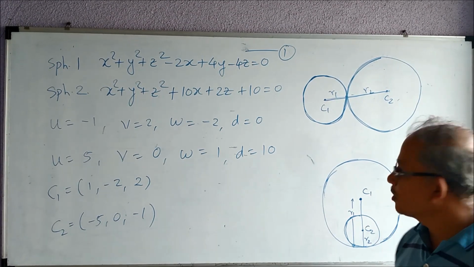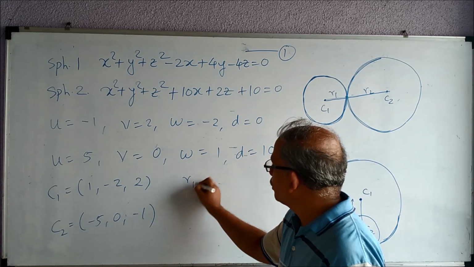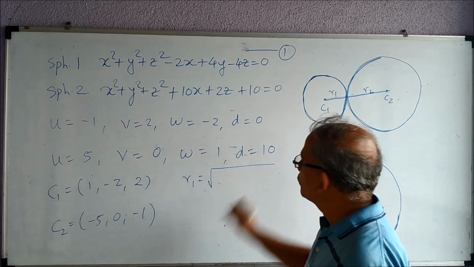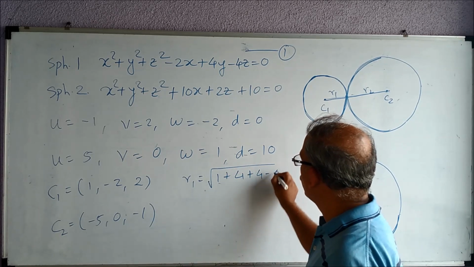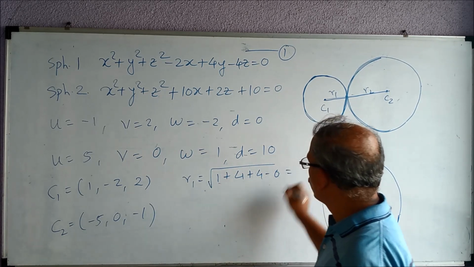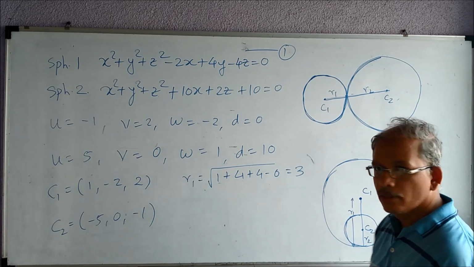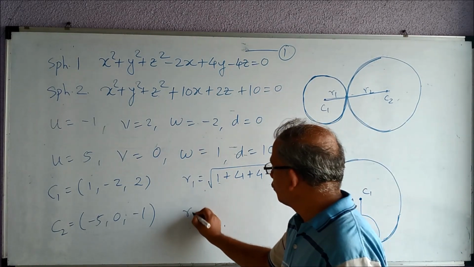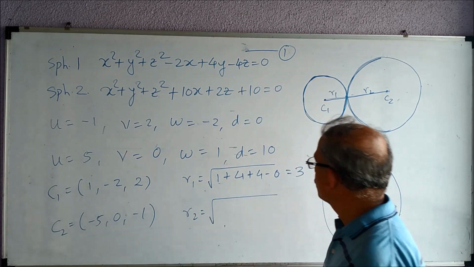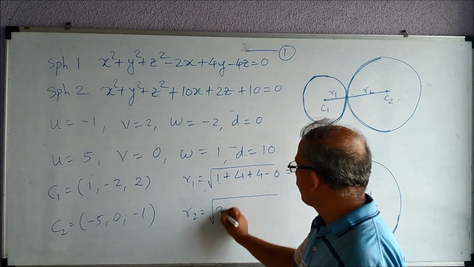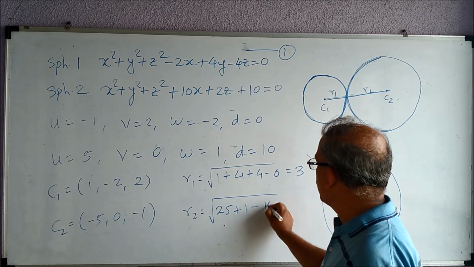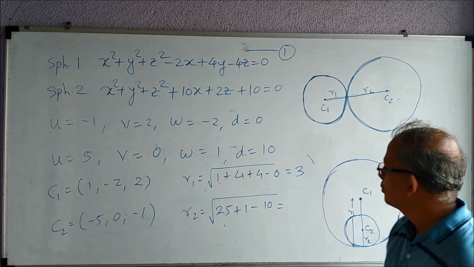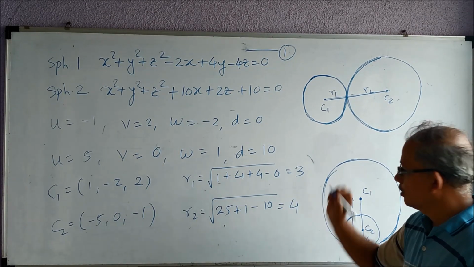The radius of sphere 1 will be R1 equal to the square root of 1 plus 4 plus 4 minus 0, that is equal to 3, and R2 is equal to the square root of 25 plus 1 minus 10, that is equal to 4.